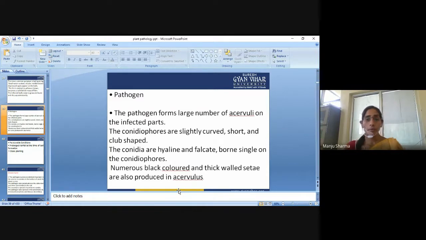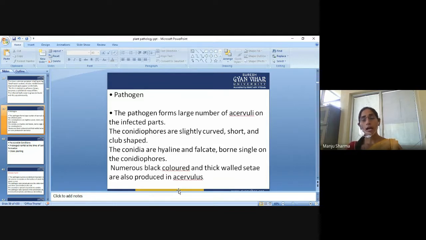The pathogen forms a large number of acervuli on the infected plant. The conidiophores are slightly curved, short and club shaped.